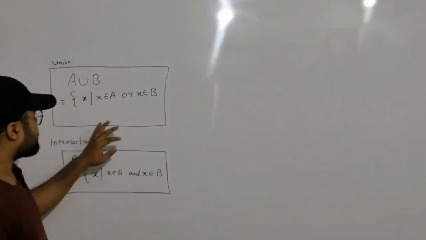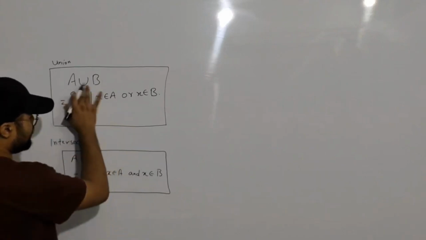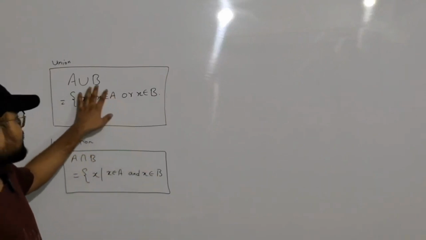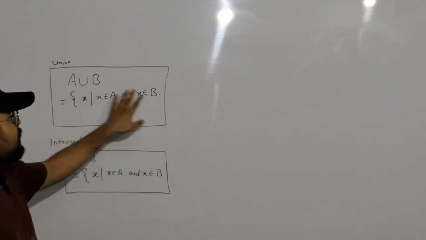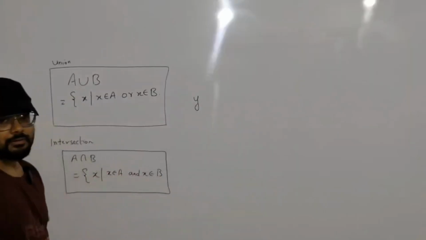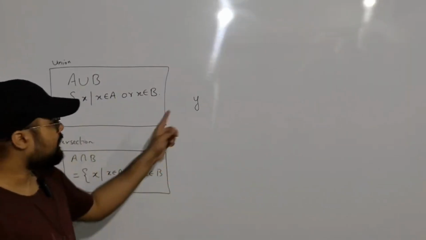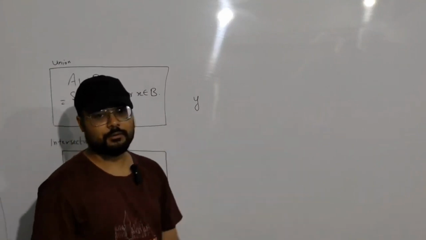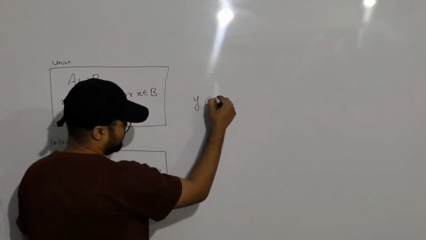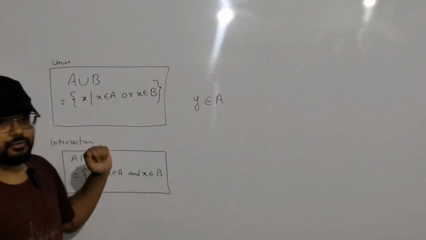So for an element to be a part of A union B, even if it belongs to A, then it is in A union B. If it belongs to B also, it is in A union B. An element is given to you, let's say Y. This is called the set membership problem also: if an element is given to you, whether this element is a part of the set or not. So X belongs to A union B if X belongs to A or X belongs to B.